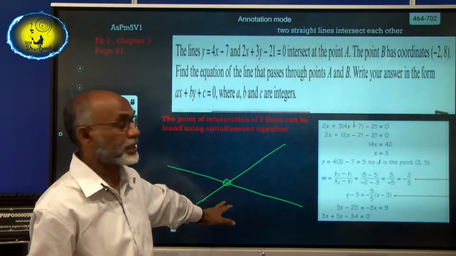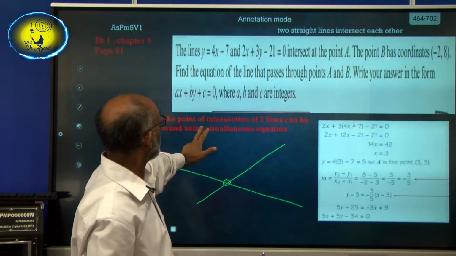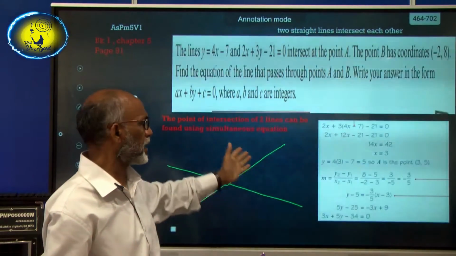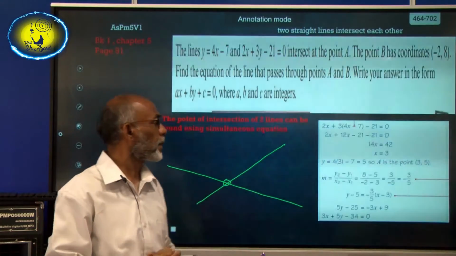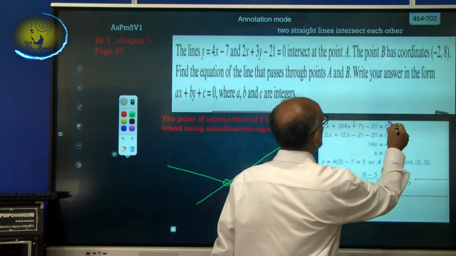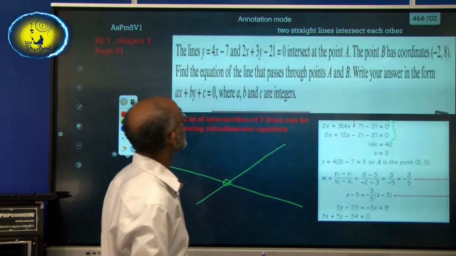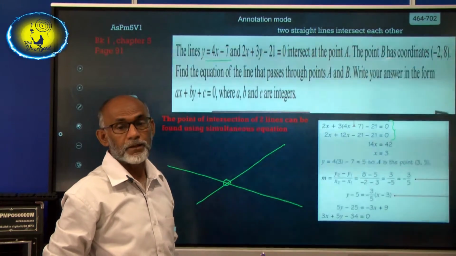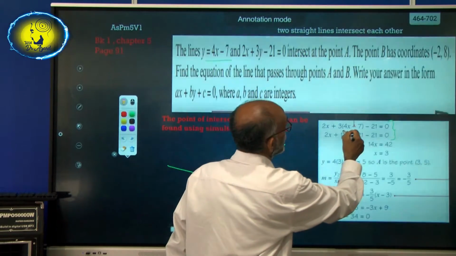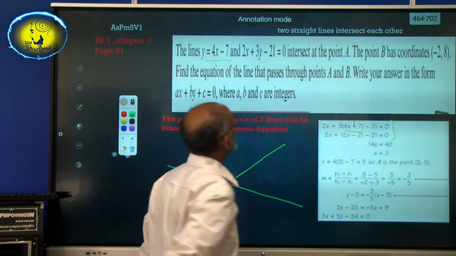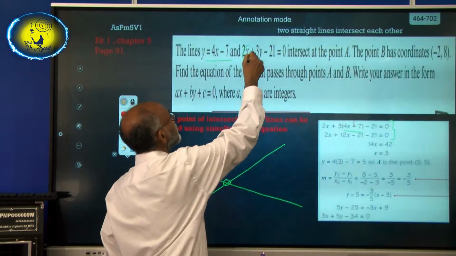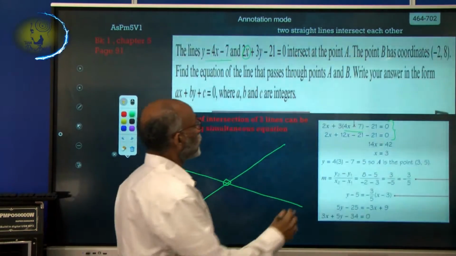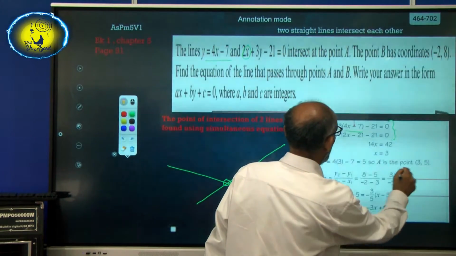The coordinates of the intersection point can be found using simultaneous equations. We have studied this in our past chapters. Here we use the substitution method, where y is equal to 4x minus 7. We substitute that 4x minus 7 instead of y. We found the coordinates: x is 3 and y is 5.